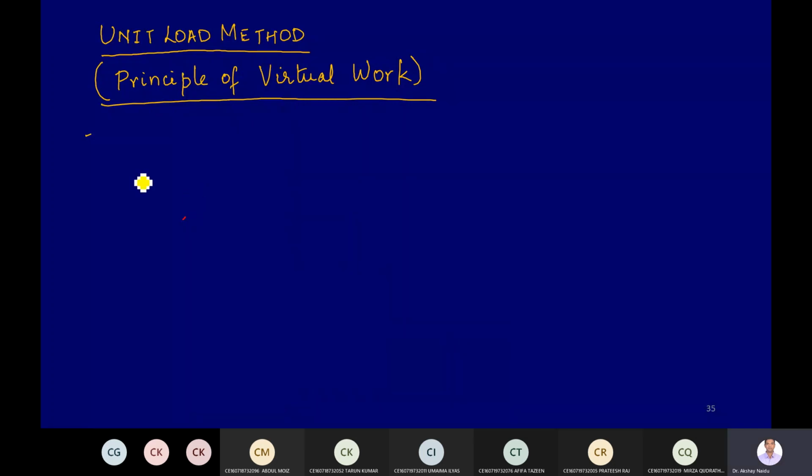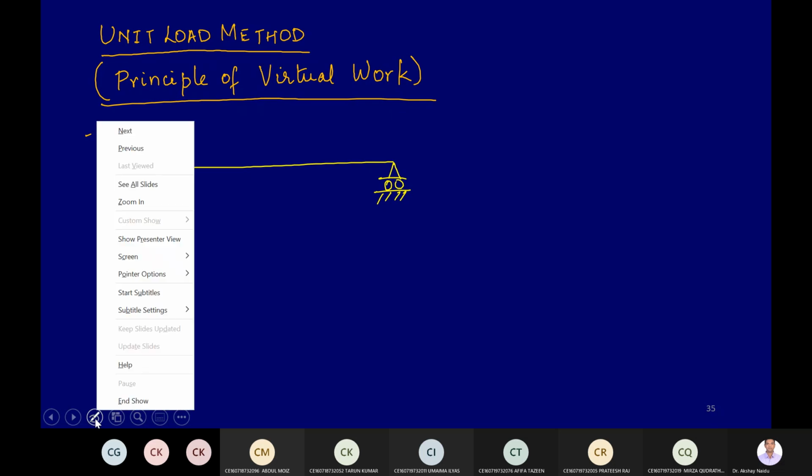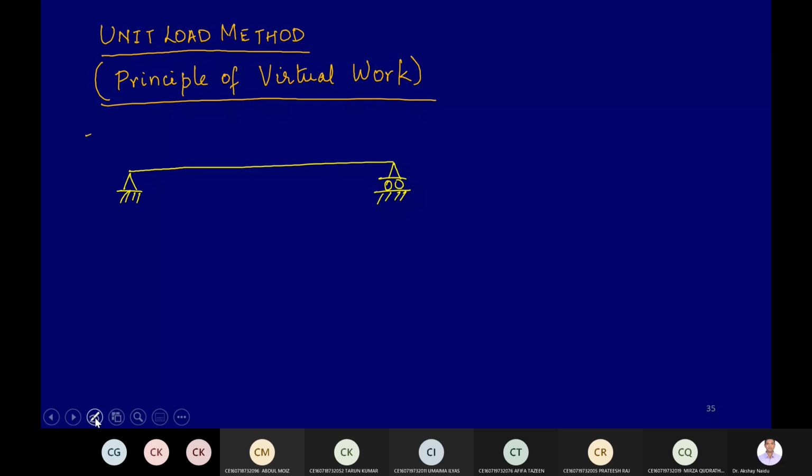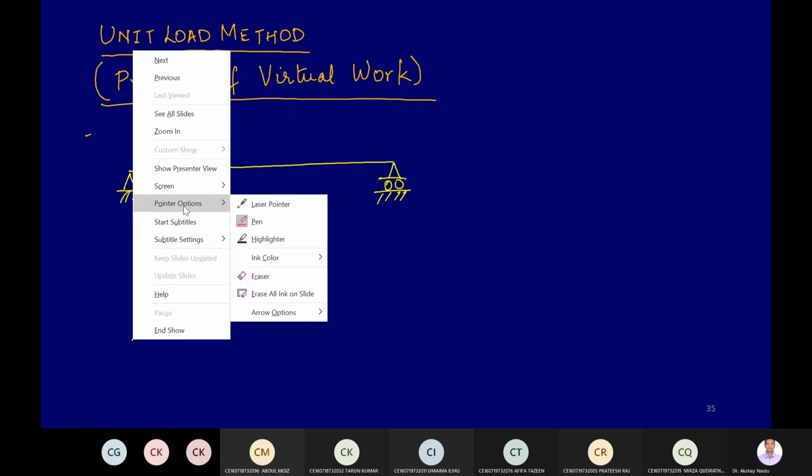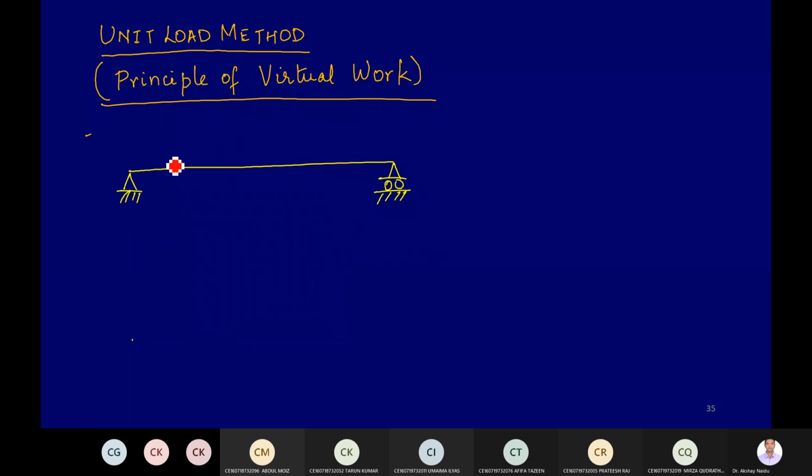So these are loads acting on the beam. But I need deflection at some other point.